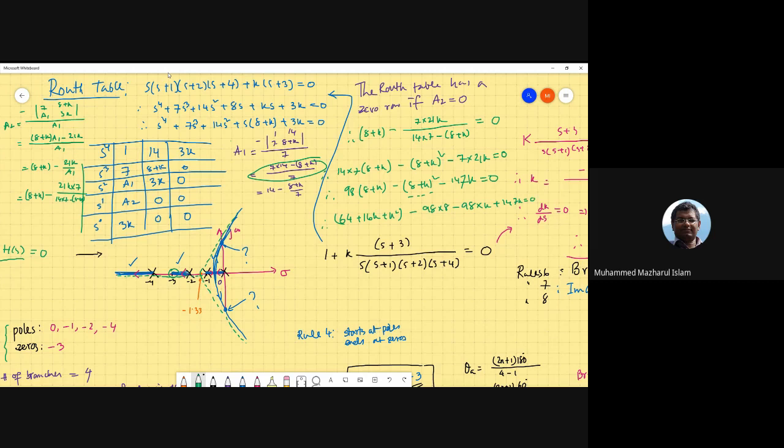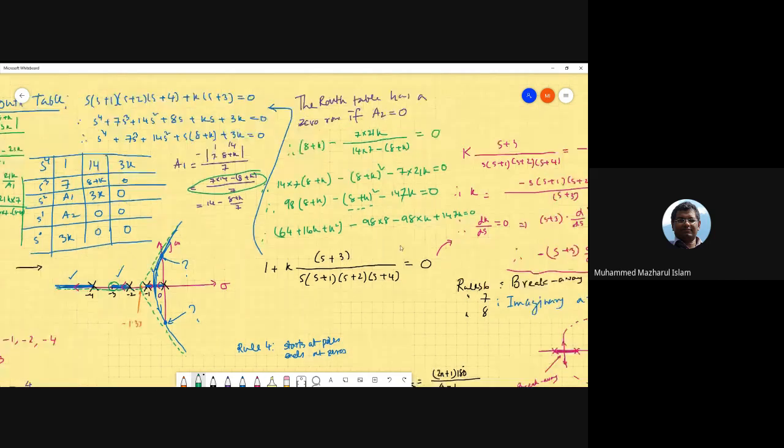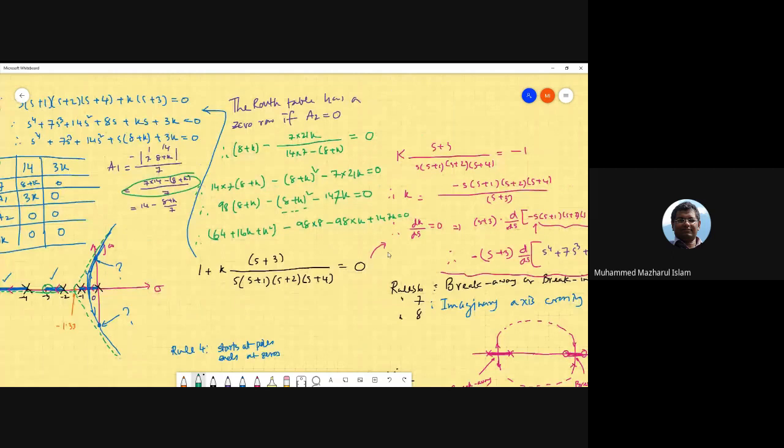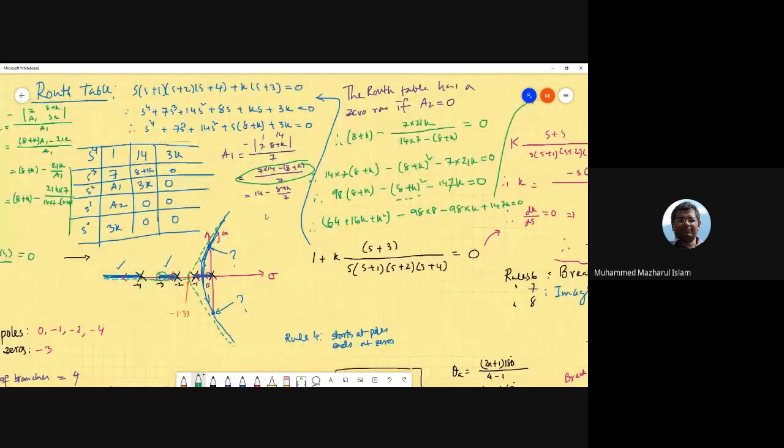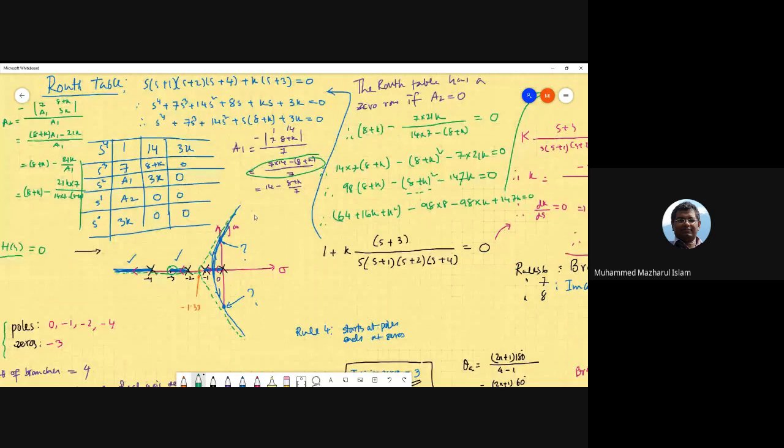Okay, so now simplify this and solve for k. You will get a value. This is the gain value for which the imaginary axis is being crossed. If your even poles have imaginary poles, even poles will contain imaginary poles.